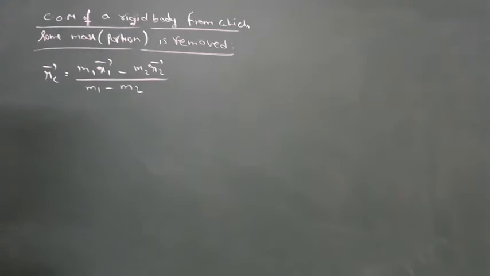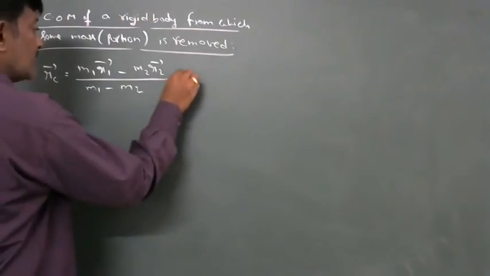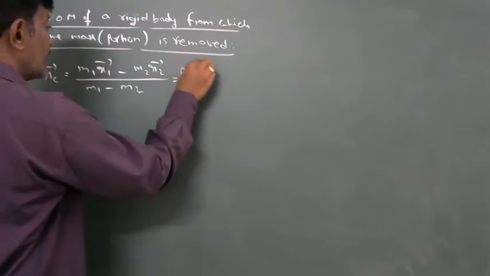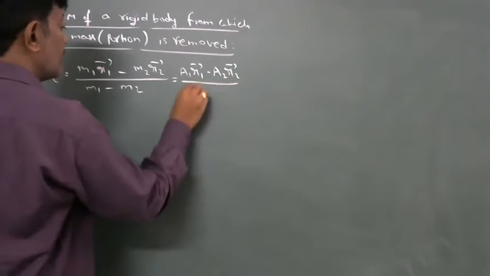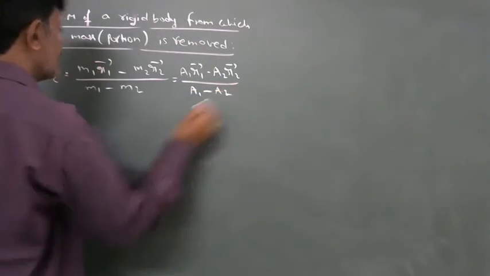And since mass is proportional to area, it is (A1 R1 bar minus A2 R2 bar) divided by (A1 minus A2).